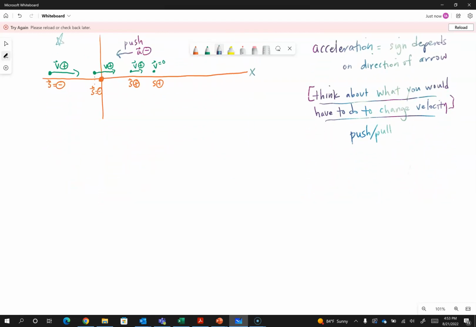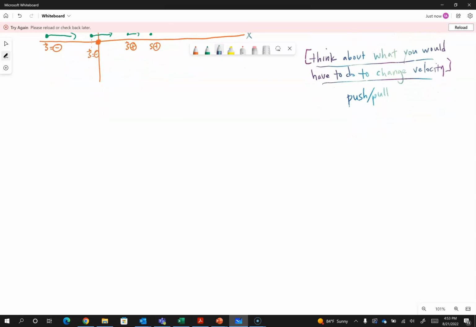Let's throw a different scenario out there. Let me throw in a coordinate system. Let's say we have some sort of object. It's traveling to the left and it is speeding up. So it's going faster and faster and faster.